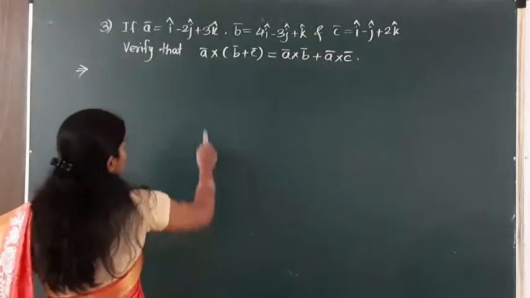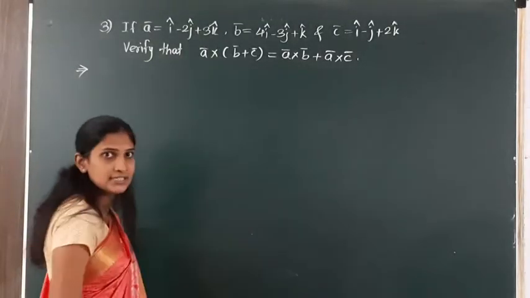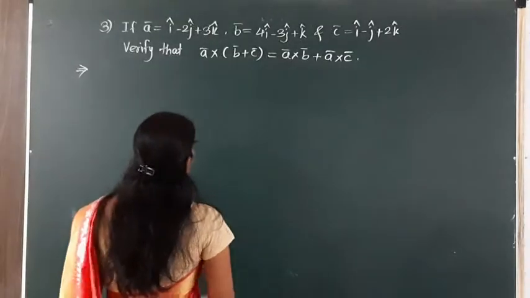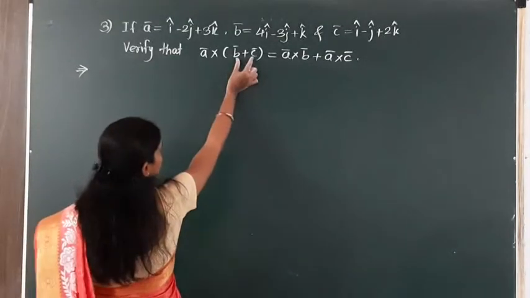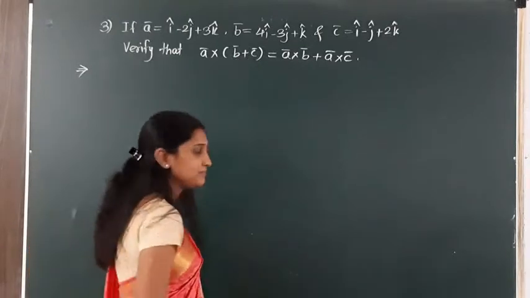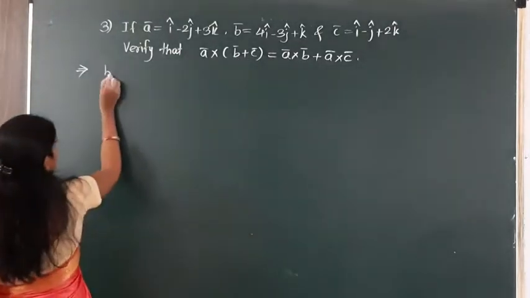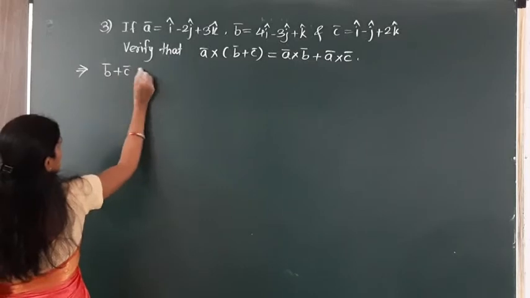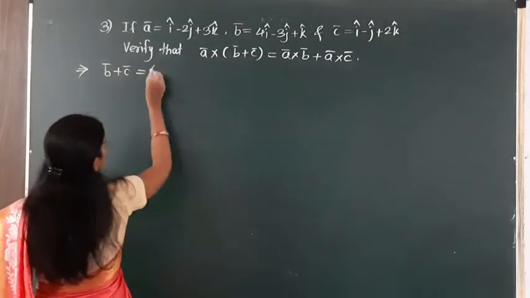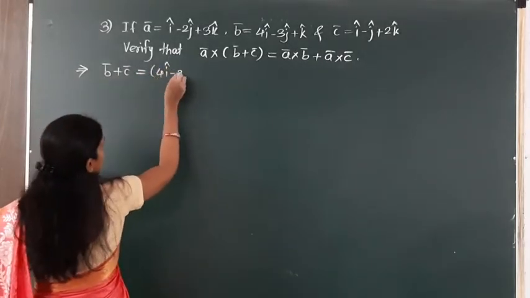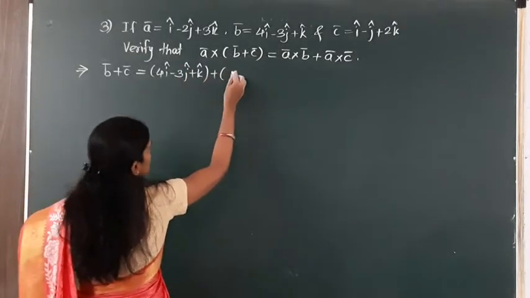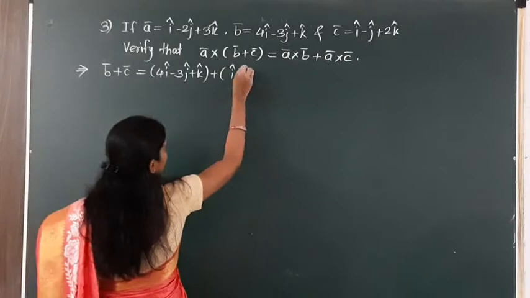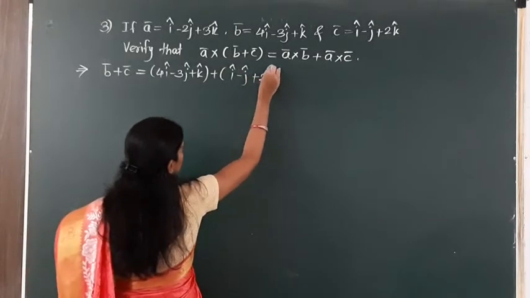For that, firstly we find the LHS and then we find the RHS. For the LHS, we first have to find b bar plus c bar. So what is b bar plus c bar? b bar is 4i cap minus 3j cap plus k cap, plus c bar, which is i cap minus j cap plus 2k cap.